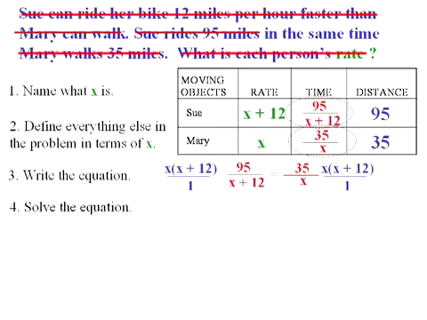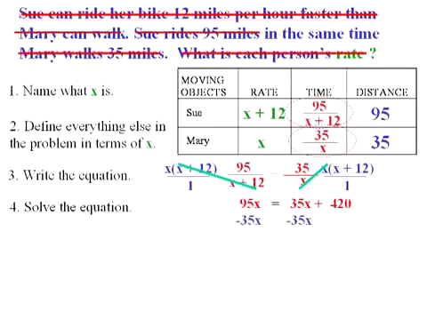If I do that, that's going to cancel nicely, and on the left side, I'll get 95x. And on the right side, I'll distribute the 35, and I'll get 35x plus 35 times 12, or 35x plus 420.